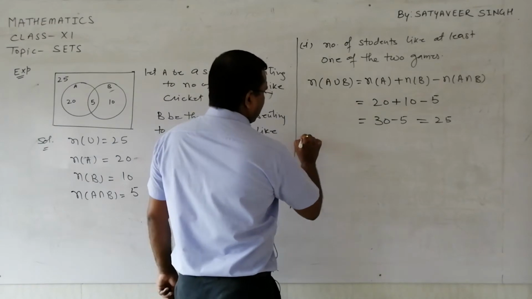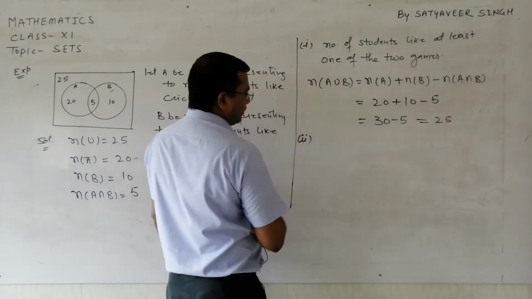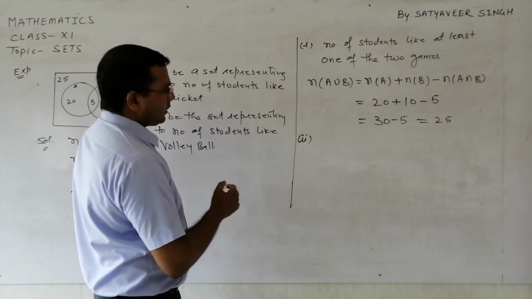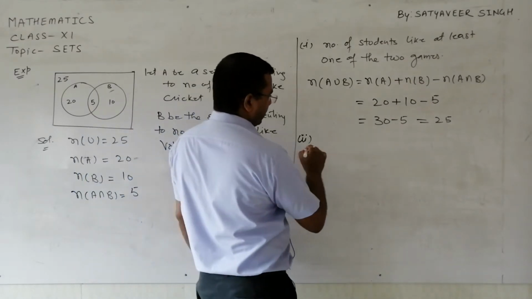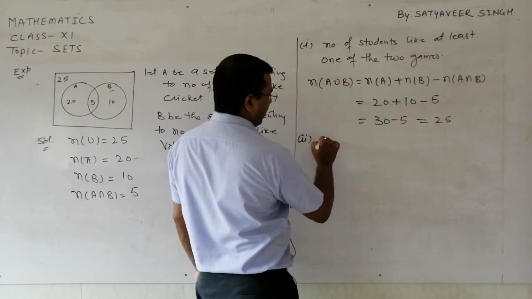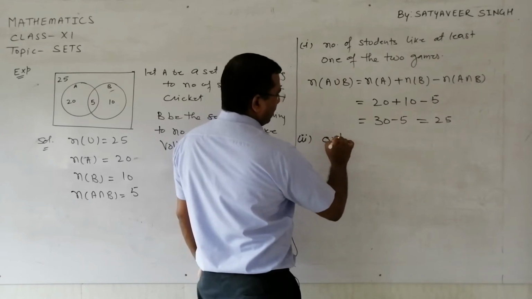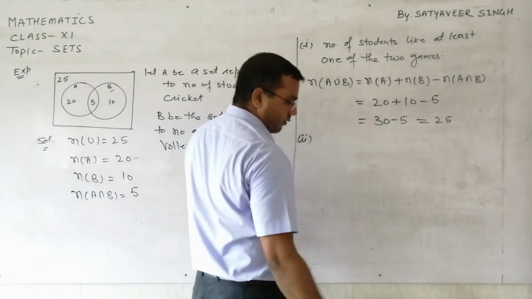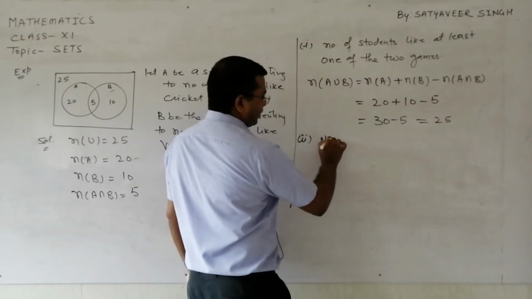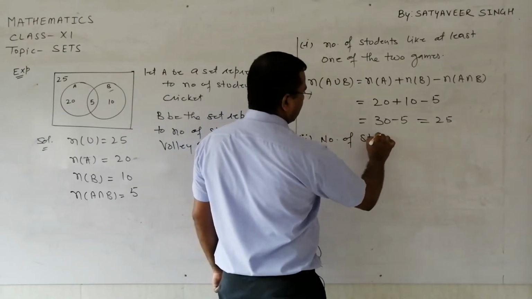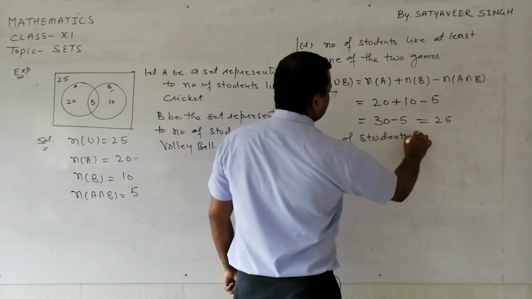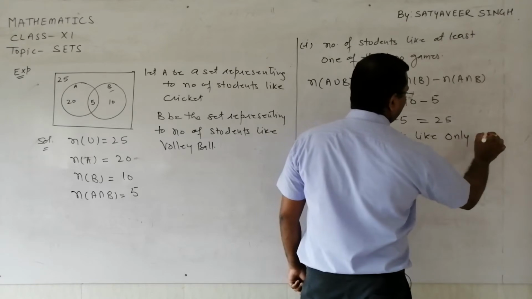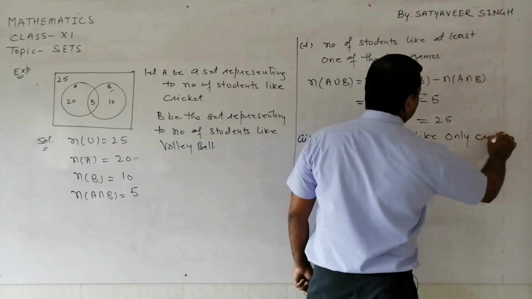Then one more question I can put up now. How many students like only cricket? So suppose I am asking only cricket, the number of students who like only cricket.